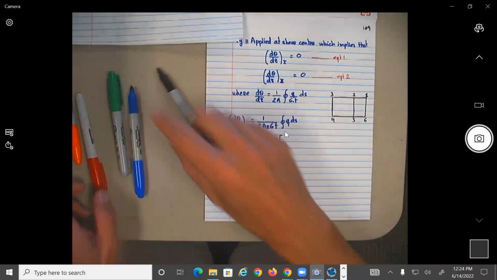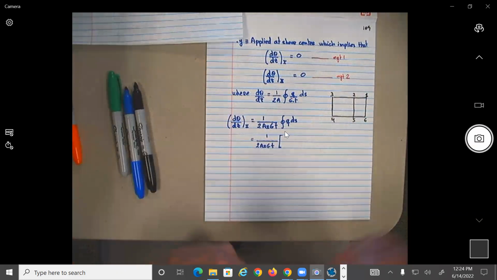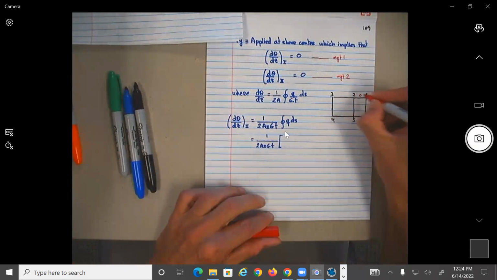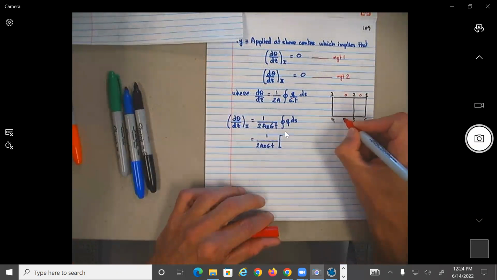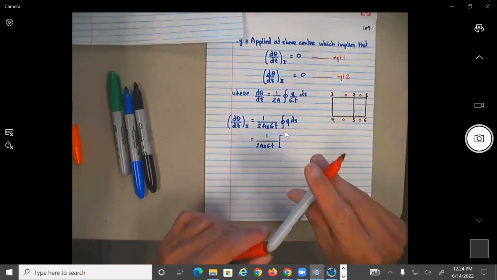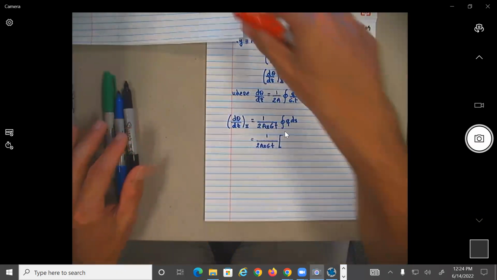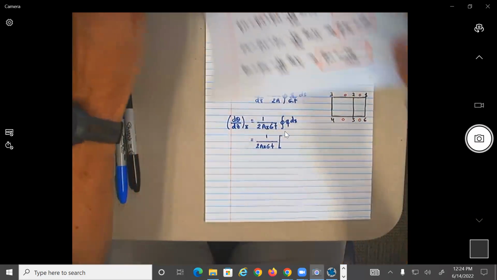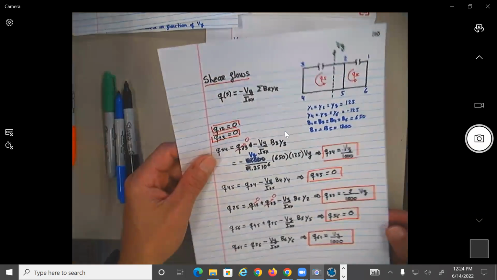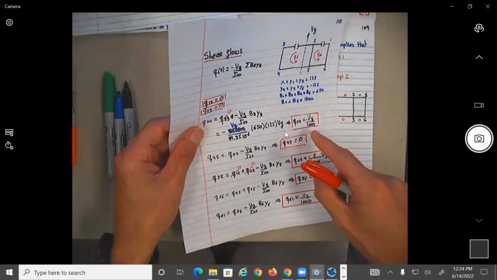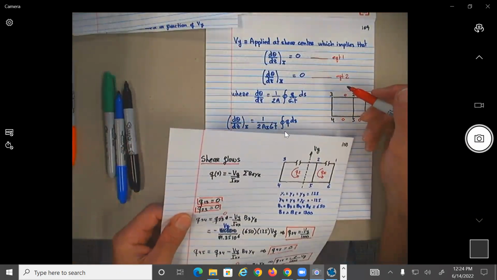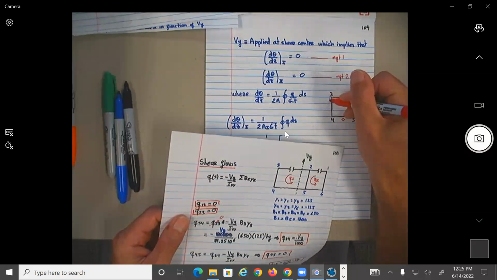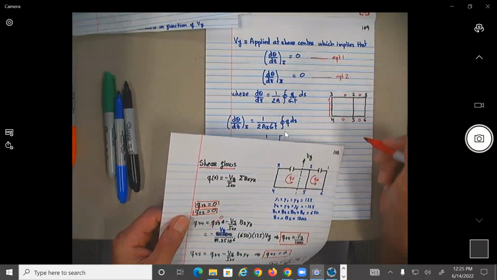Okay, so let's see. We know Q12 is 0. This is 0. This is 0. What do we have for Q34? Q34 is negative, minus V1 over 1000, no? But what does that say? Is that instead of going down, it's going up, no?